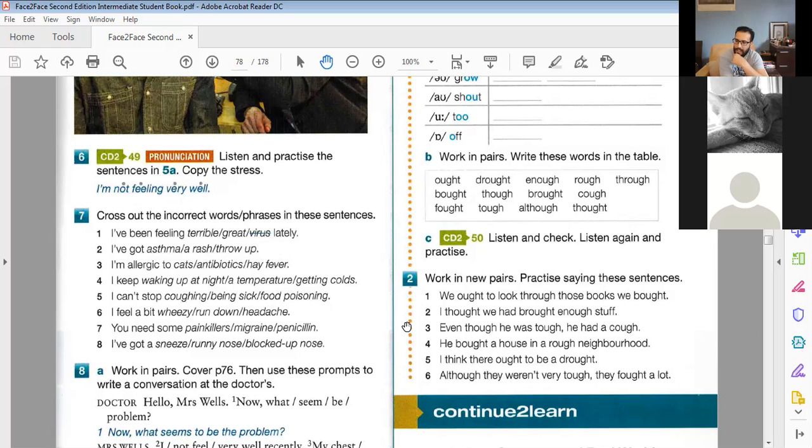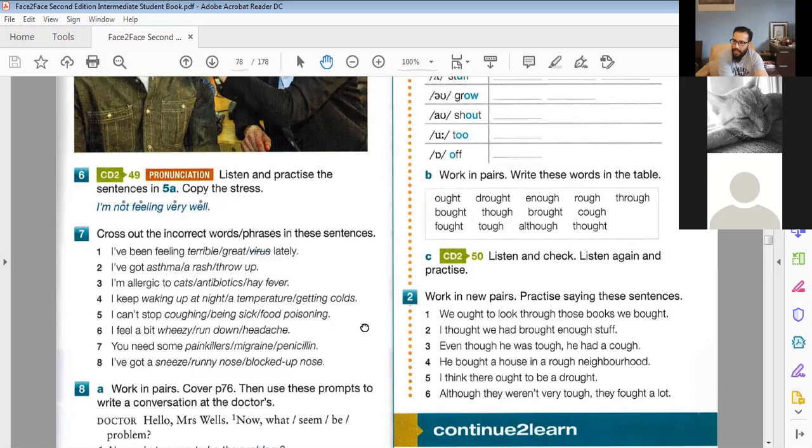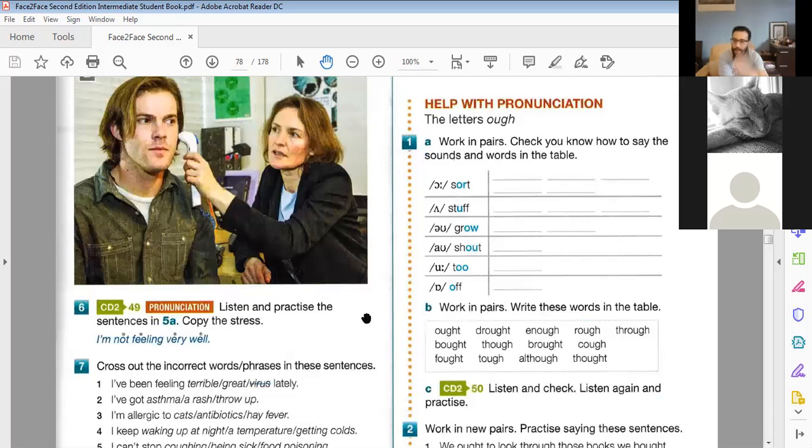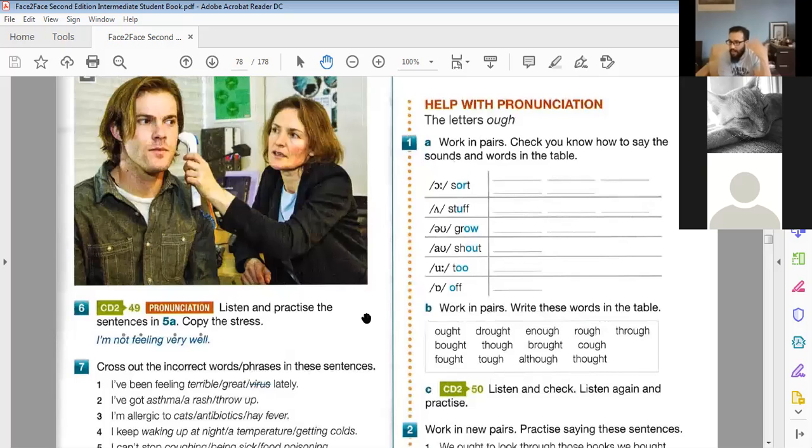Yes, that's it. Excellent. This is a great exercise which shows you just how irregular the English language is when it comes to these tricks and problems. The OU sound, it's incredibly difficult to guess. If you haven't already heard these words, I think it would be impossible to read all of them correctly, even for an intermediate or even higher student.